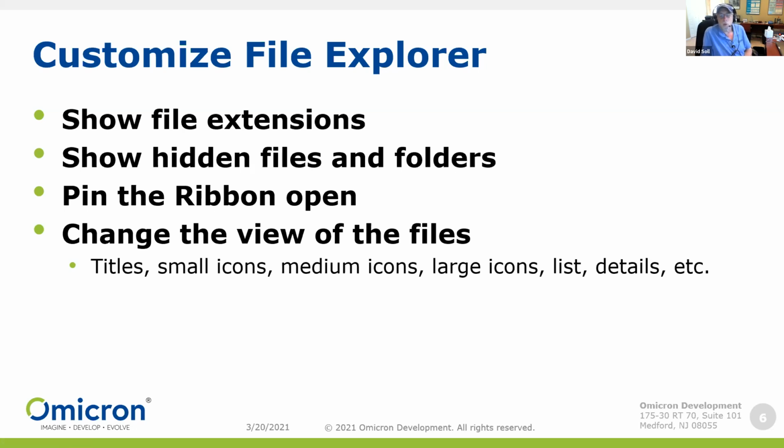So maybe for some folders, for example, if you go into your pictures folder, you prefer to show icons because the icons are the pictures. Whereas if you're going into another data folder where they're just standard files, showing them as icons really doesn't give you anything.